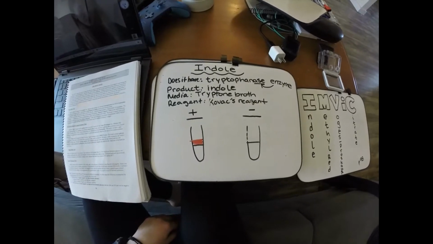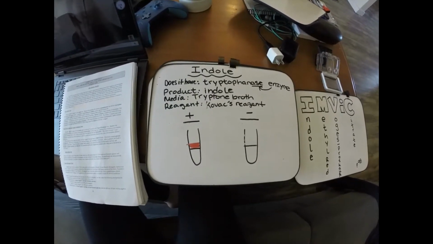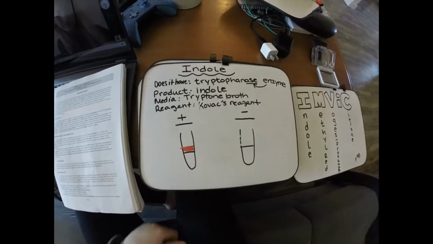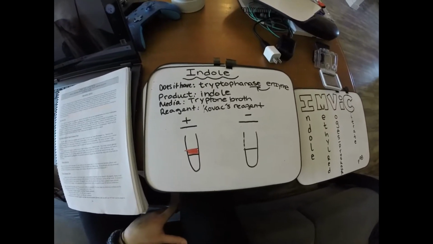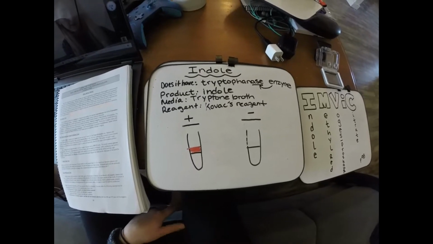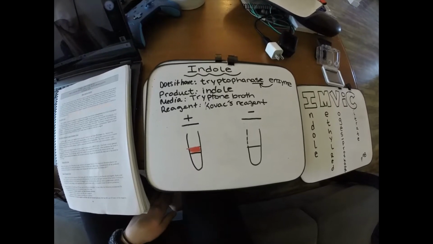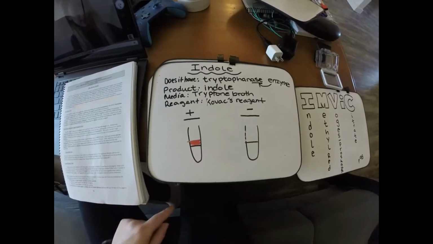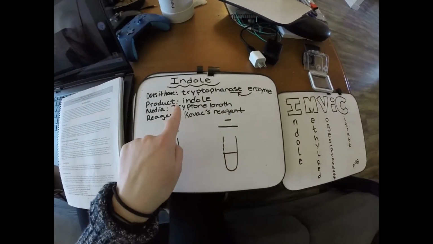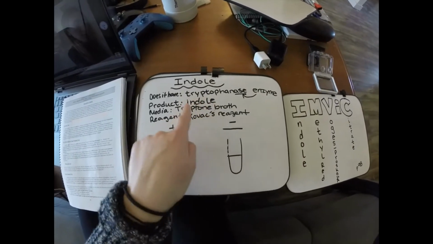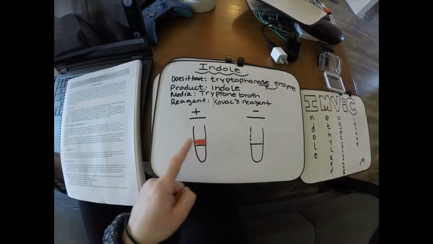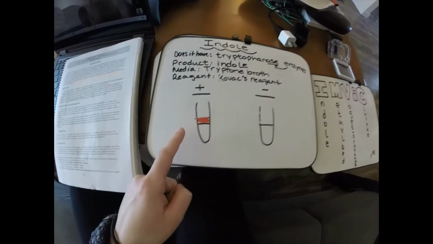The media that it's grown in is our tryptone broth. Another thing to note is that this is a 48-hour test. It's incubated for 48 hours, and it tells us if this enzyme is present, if indole is present, which we should see by a red ring around the top.